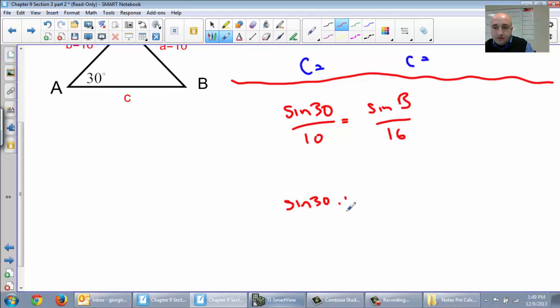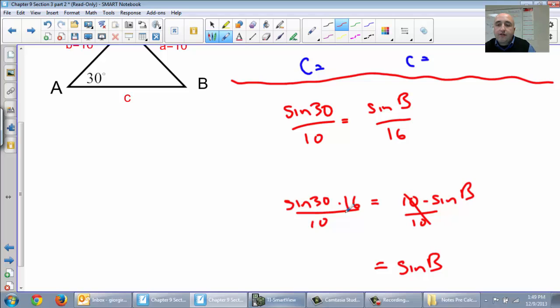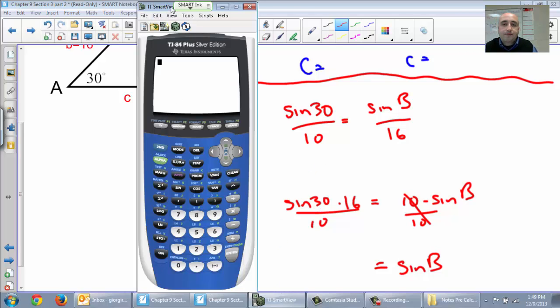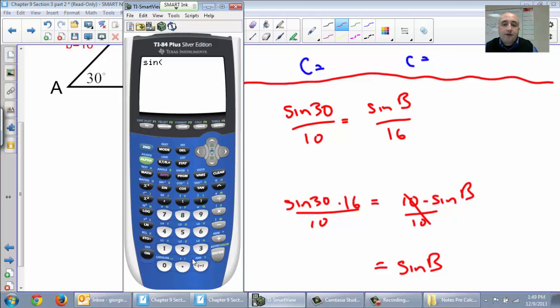Sine of 30 times 16 equals 10 times the sine of b. Divide both sides by 10. 10's cancel. Sine of b is equal to sine of 30 times 16.